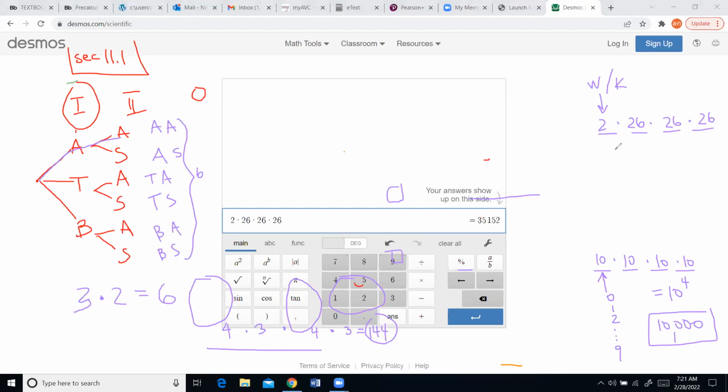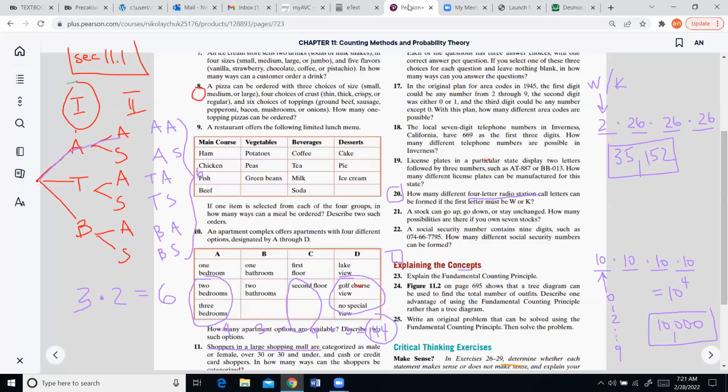It's actually 35,152 various possibilities for the name of a radio station. And it looks like we're doing the exact same thing in pretty much every exercise here. We're just multiplying those numbers.